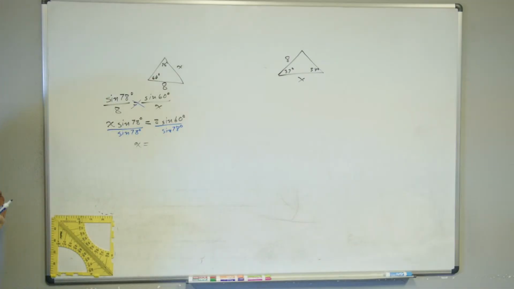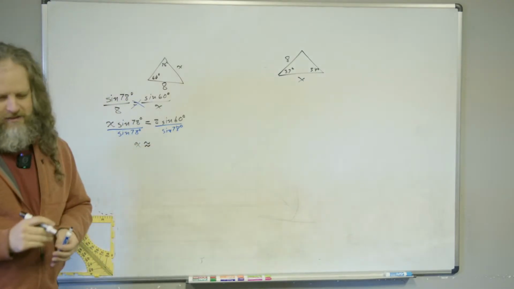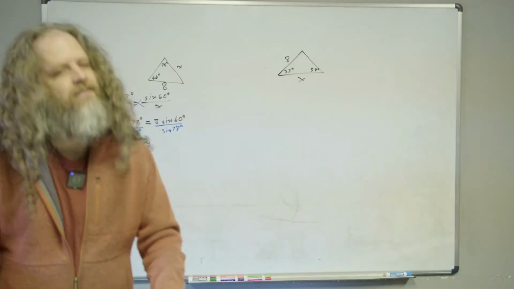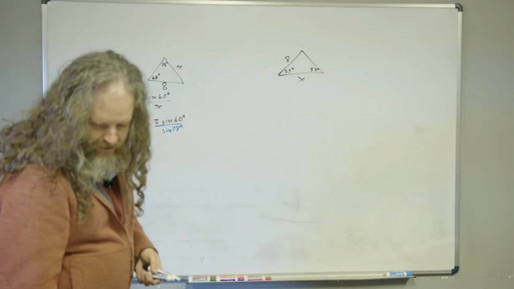Sine of 60 degrees, we don't even need a calculator for technically. It's square root of 3 over 2, which is going to be irrational. So now we're going to punch that in our calculator. We're going to get an ugly decimal answer, and we're going to round to the nearest tenth. That's not what this says.